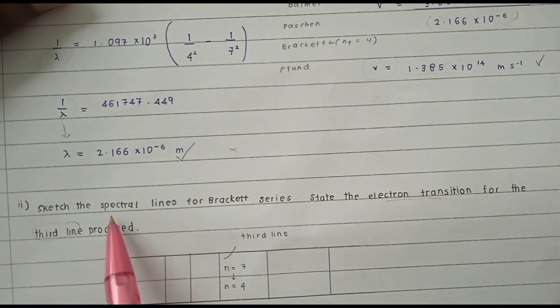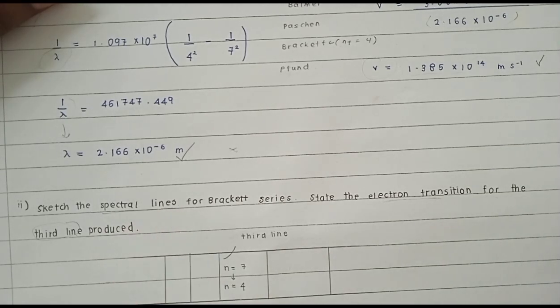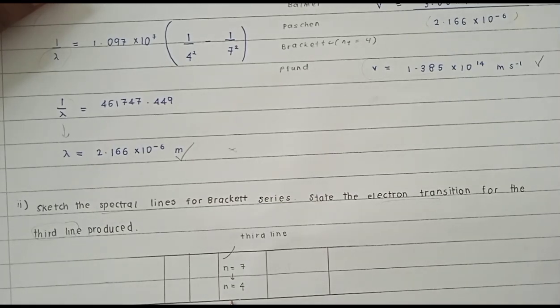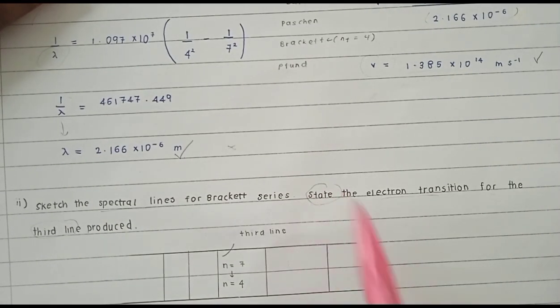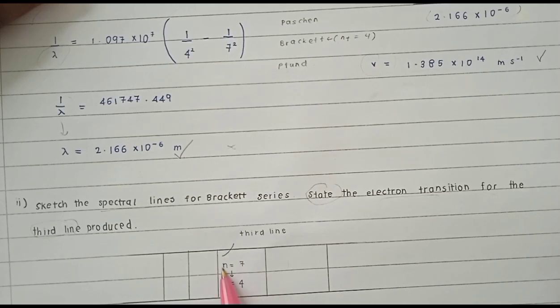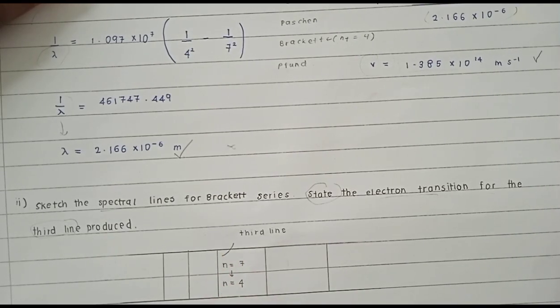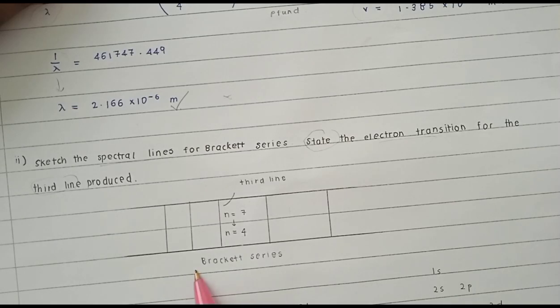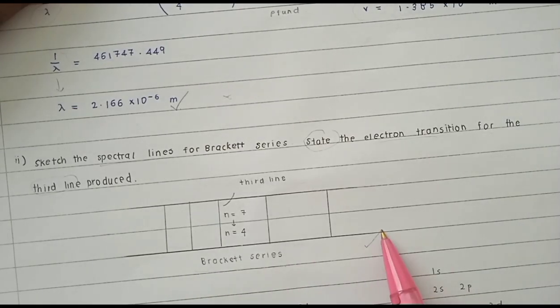The question wants the spectral line, not an energy level diagram, so we will draw this. Then it asks us to state, so we state n equals 7 to n equals 4 will form the third line. For safety purposes, we are supposed to write this, so we will get marked.